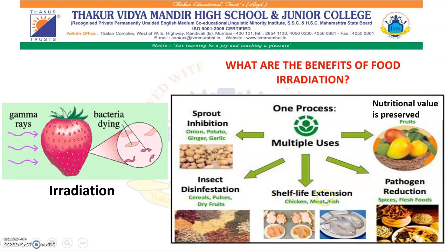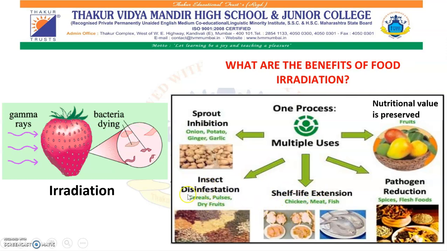Shelf life extension. Shelf life means the length of the time for which an item remains usable, that is, fit for consumption or saleable. So, it increases the shelf life of the food.